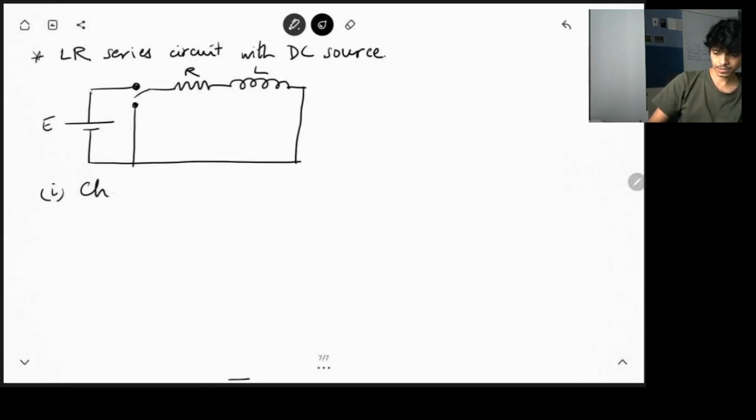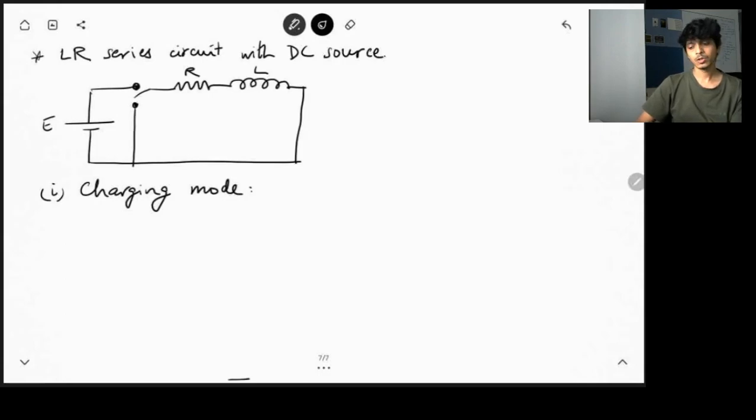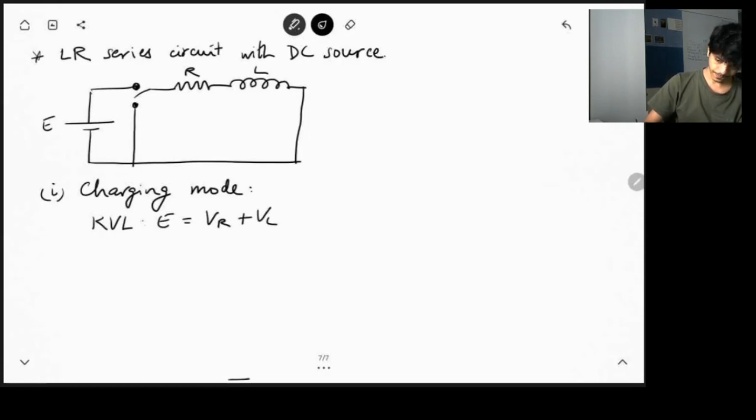What happens in charging mode? So when the switch is up, you have the E also in series with R and L. Kirchhoff's voltage law tells us that E should be equal to VR plus VL.